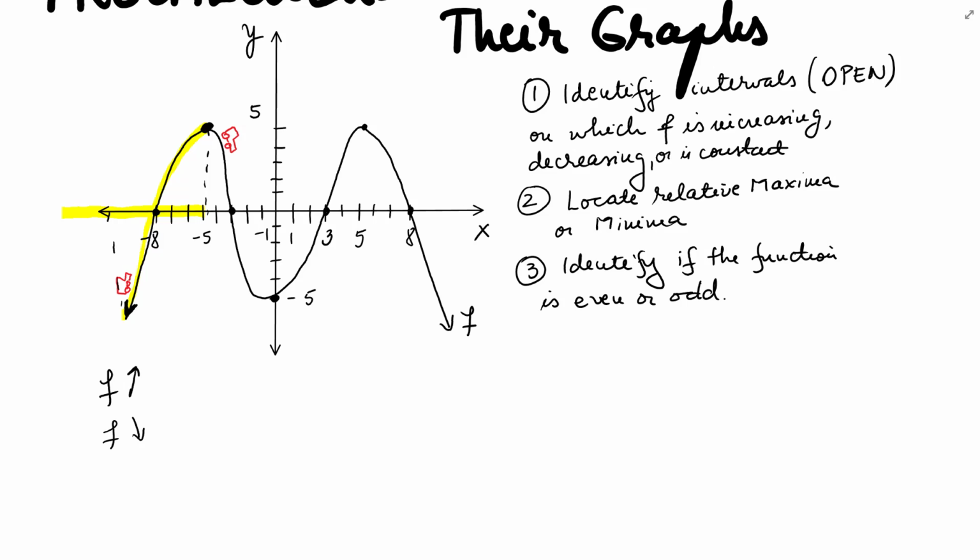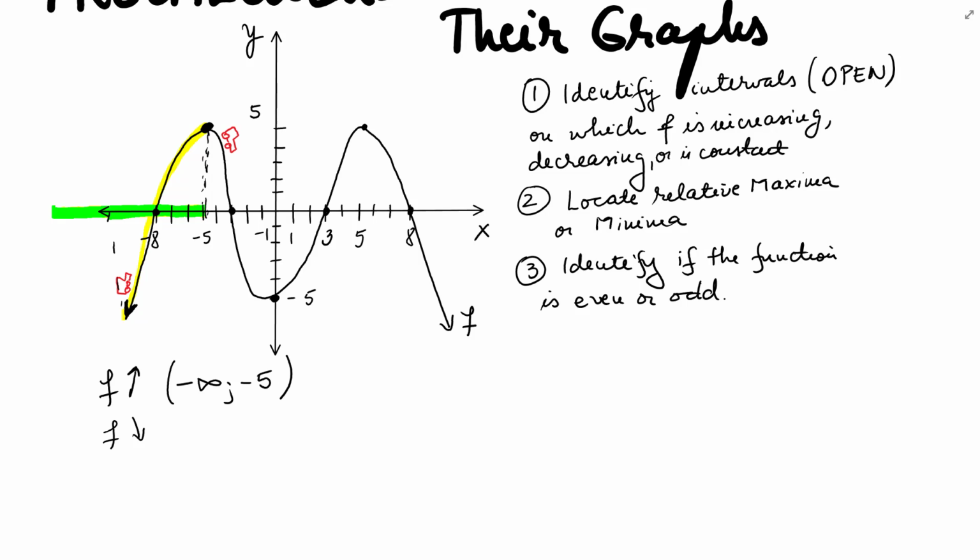So how do we read that interval? It's coming all the way from here, and it stops here. So that means from negative infinity to -5, and we close the parentheses. Open parentheses, and why do we stop at -5? Because that's where the function reaches the top.